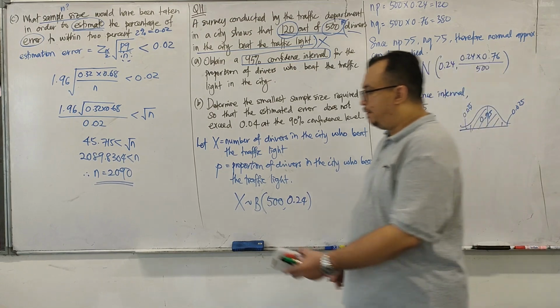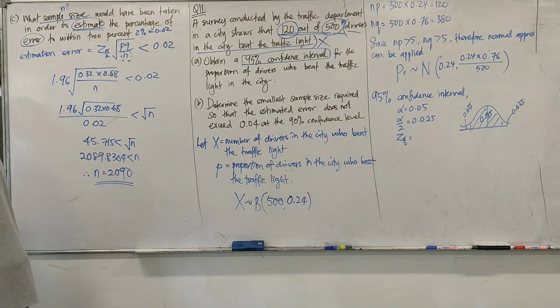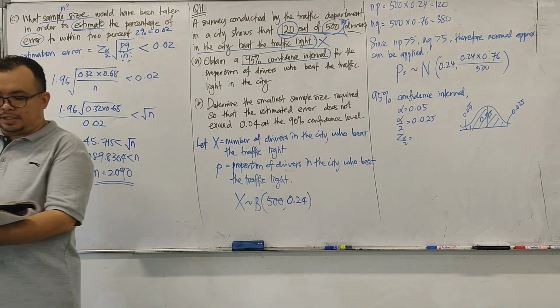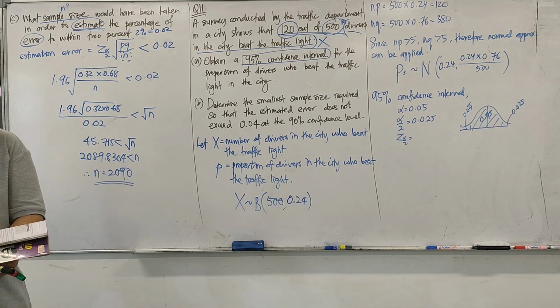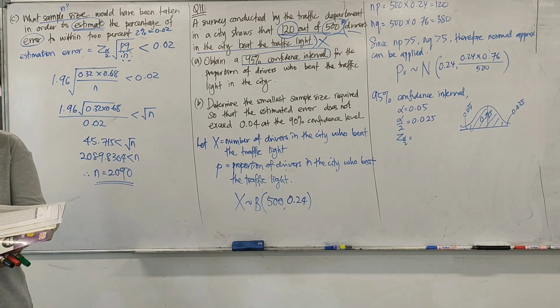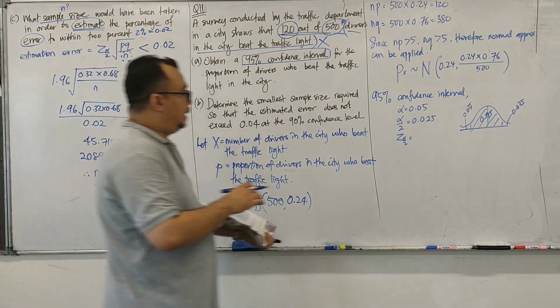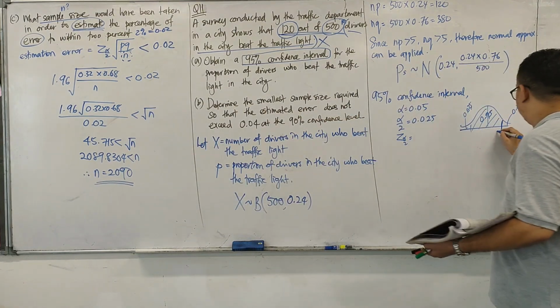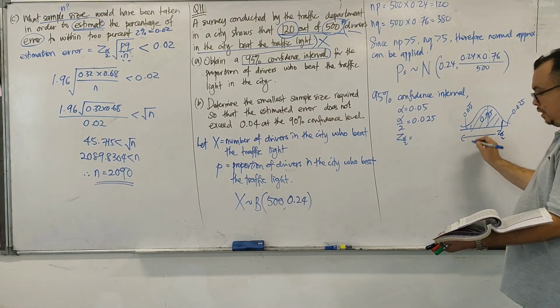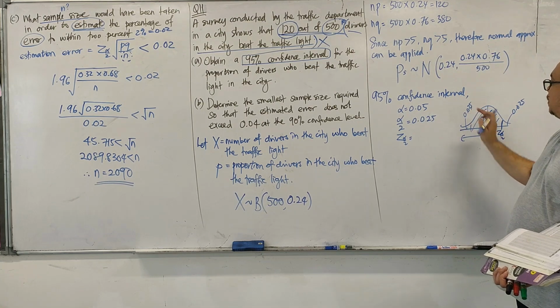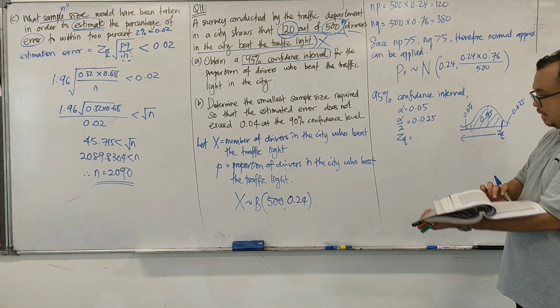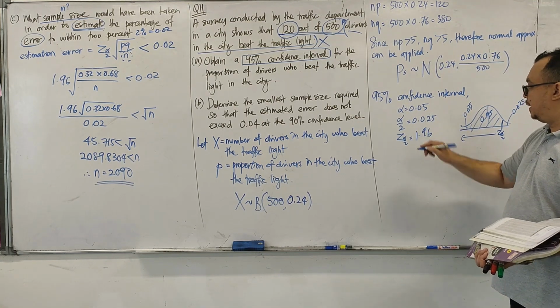So my z alpha over 2 adalah, okay, so kita buka dalam textbook kita, pergi ke page belakang sekali. Okay, so this one adalah z alpha over 2. So 95 plus 2.5, awak akan dapat 975. 1.96.